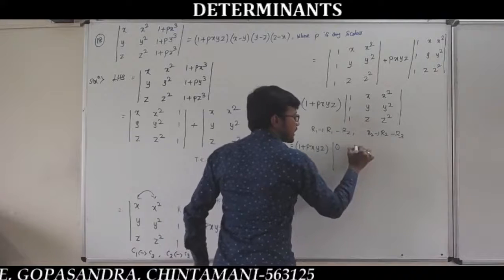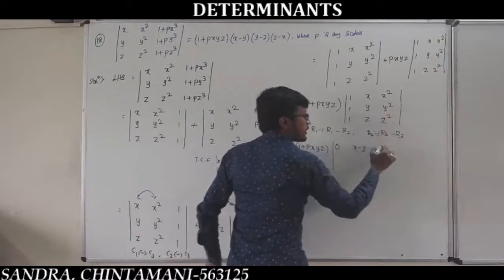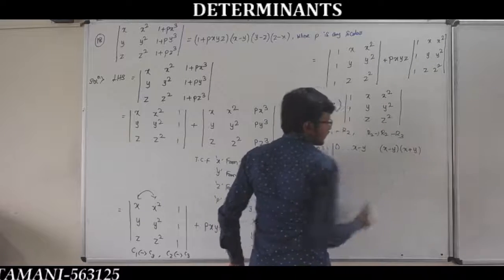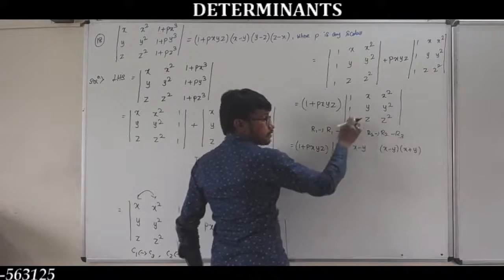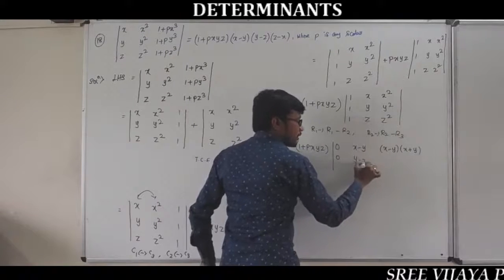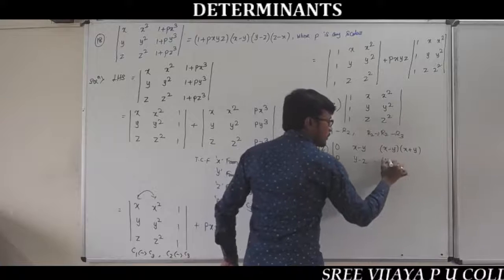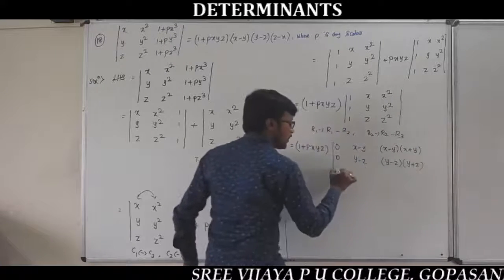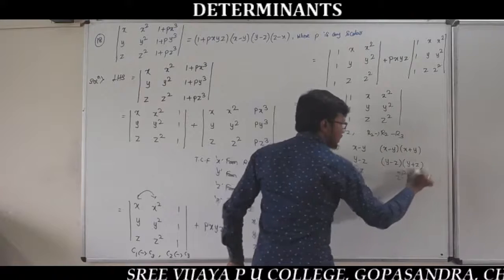Here x minus y. x square minus y square: I can directly apply the formula x minus y into x plus y. Next R2 minus R3, this row minus this row: 1 minus 1, 0. y minus z. Next y square minus z square, applying the formula y minus z into y plus z. What is the last row? 1 z z square as it is.